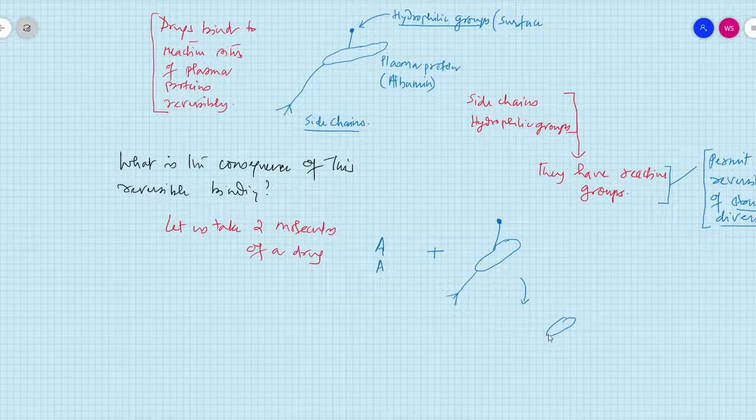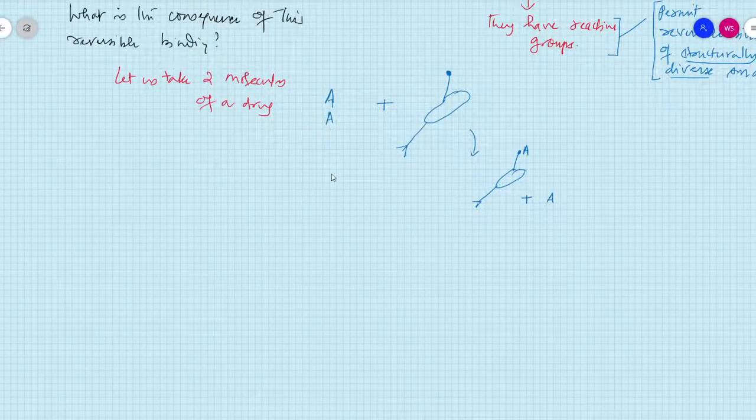We've got this plasma protein with the hydrophilic site, and let's say one of these molecules, molecule A, comes and binds reversibly to the plasma protein. Then we observe there is a form of the drug molecule which is unattached.